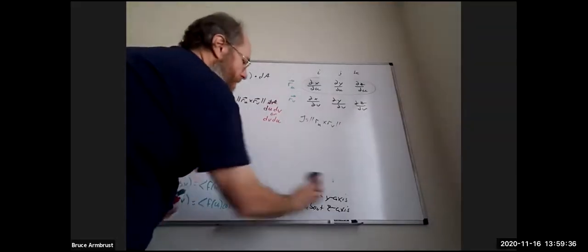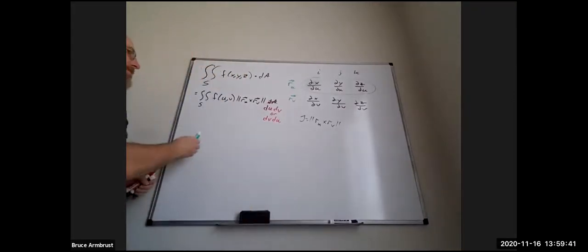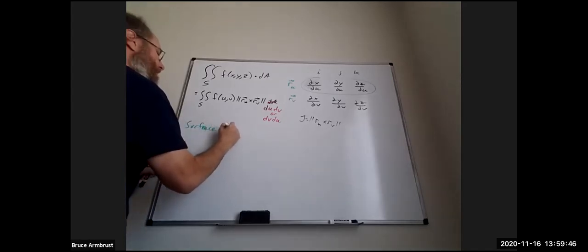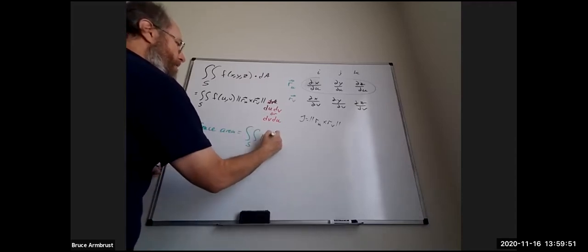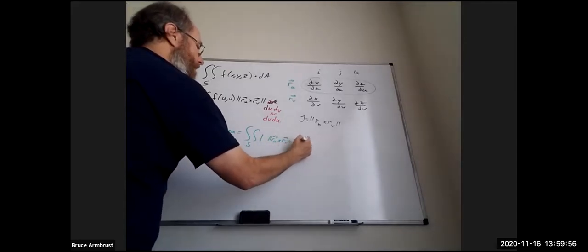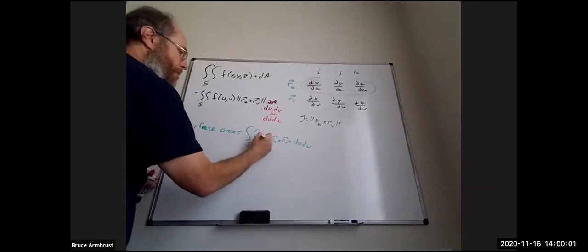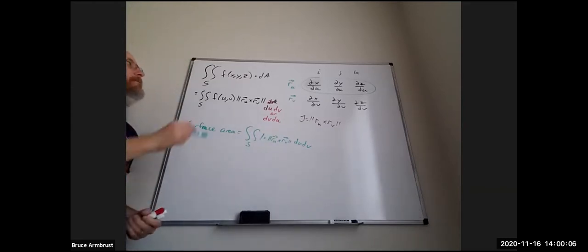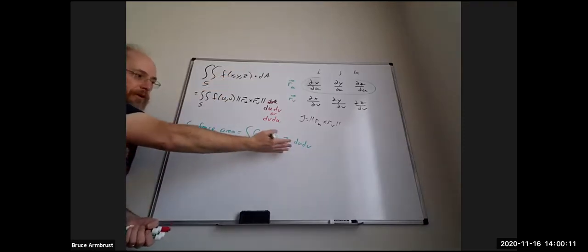All right. So this is like the easiest thing to do with surface integrals. And that's to find surface area. So the surface area is just going to be the double integral of 1 du dv. Right? Because it would just be the surface integral of 1 dA. But then when we use the Jacobian, it becomes this.